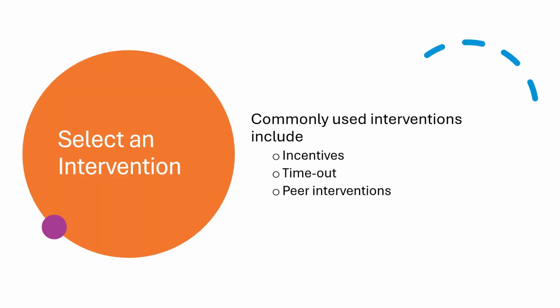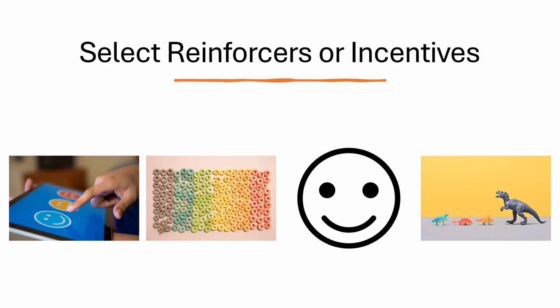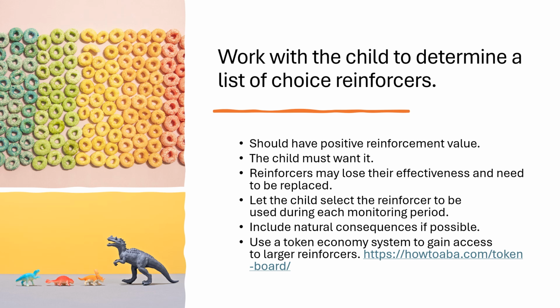Now you need to select an intervention. Commonly used interventions include incentives, timeout, and peer interventions. Reinforcers or incentives. Work with the child to determine a list of choice reinforcers. They should have positive reinforcement value.